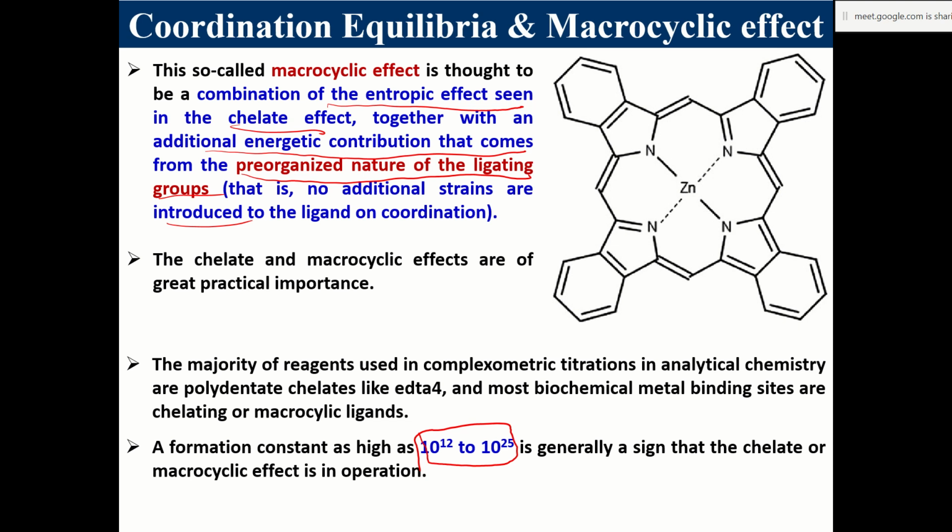Whenever you perform an experiment and the formation constant is found to be that high, you can say that definitely the chelate or macrocyclic effect is in the picture.